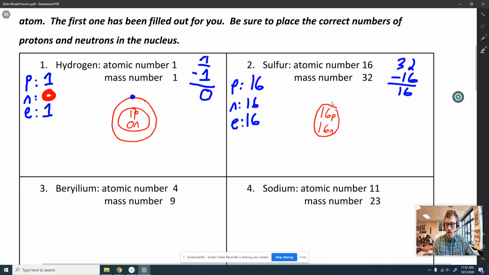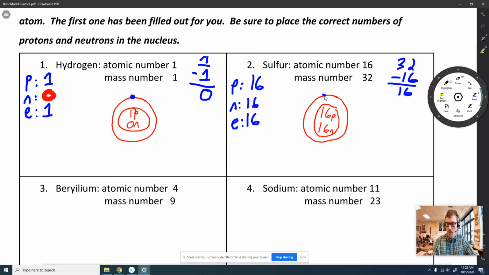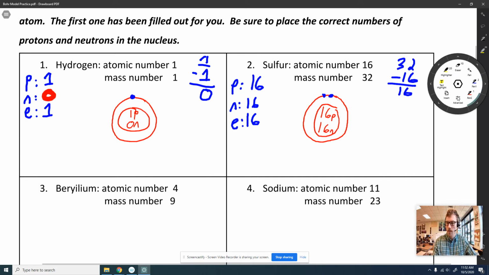All right, now we need to think about our energy levels here. So our first energy level, first energy shell, is going to have 2 electrons. So boom, boom, there's our first one. Okay, our second energy level. Right, there's our second energy level. 1, 2, 3, 4, 5, 6, 7, 8. Now, I want to be keeping track of our total number of electrons that we've used, because that's going to help us to figure out what's going to go in our third energy level.